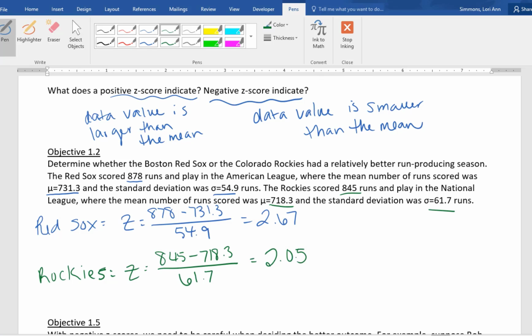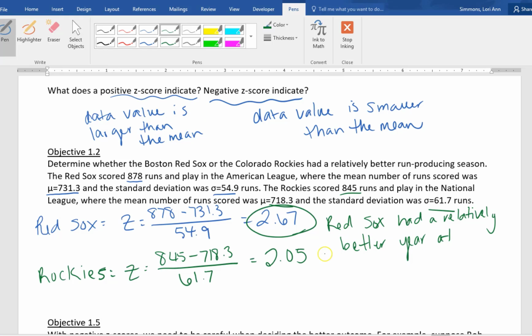So who did relatively better? So in other words, who is farther from the mean? That would be the Red Sox. So the Red Sox had a relatively better year at scoring runs than the Rockies.